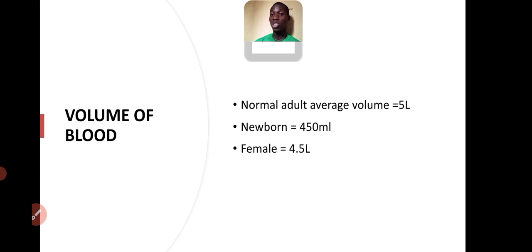He or she needs to attend to the physician for a better checkup and treatment. So remember, normal average volume of blood is 5 liters. A newborn baby's blood volume is 450 milliliters, not liters but milliliters. And a female contains 4.5 liters of blood in an average healthy person.